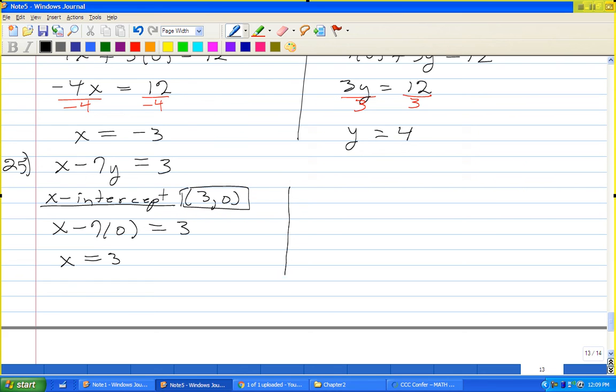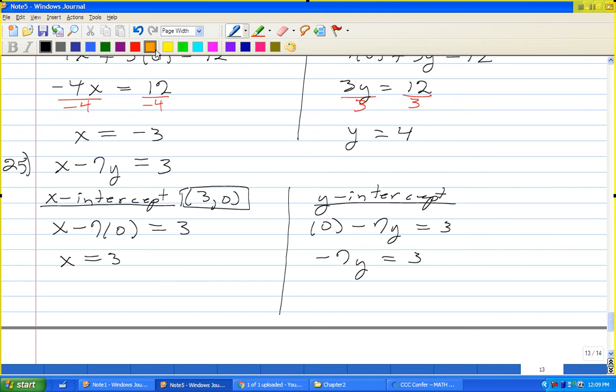Let's figure out the y-intercept. Set x to 0 and solve for y. Okay, so 0 minus 7y is negative 7y.